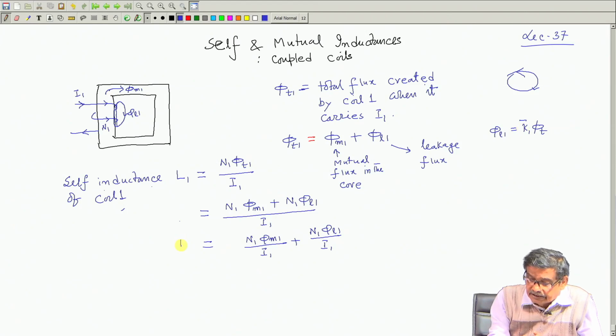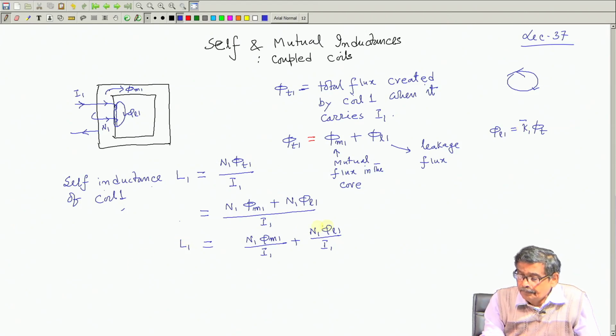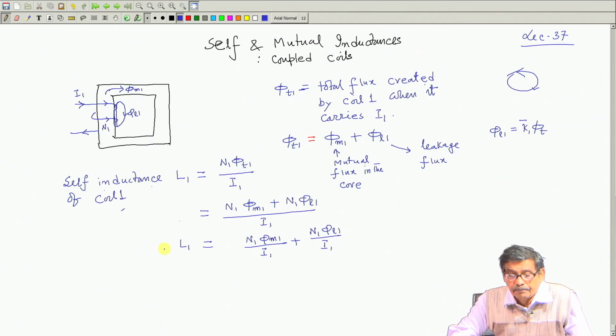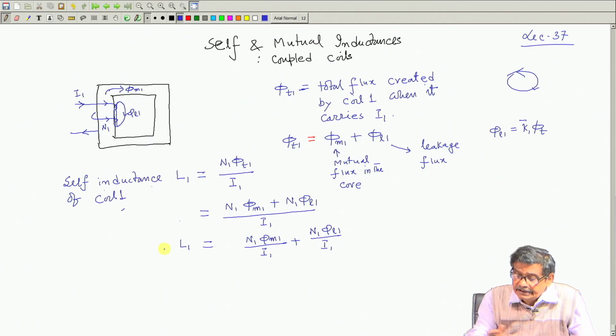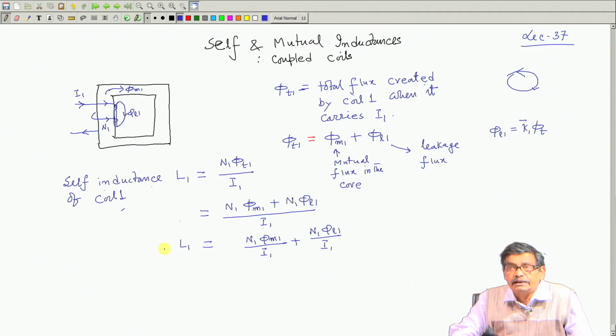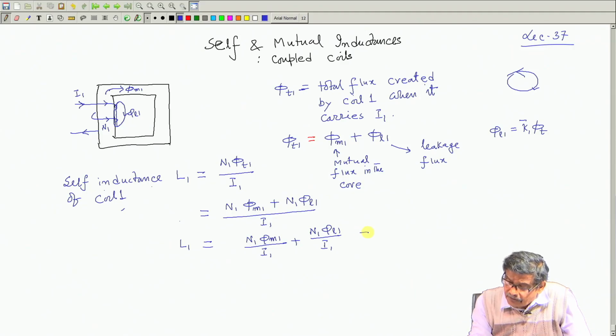Anyway, so this is the thing. So, to calculate the self inductance of a coil, of course, total flux linkage is to be taken, because that is the definition of inductance of a coil. This inductance is called the magnetizing inductance LM1, and this is called the leakage inductance LL1.